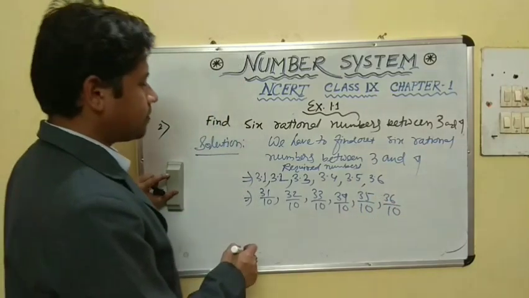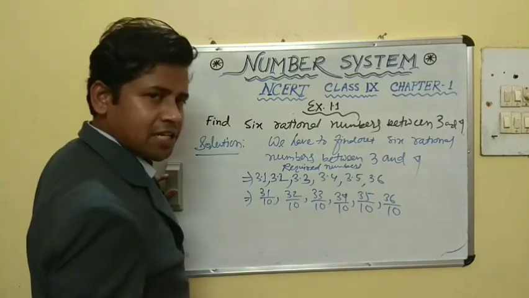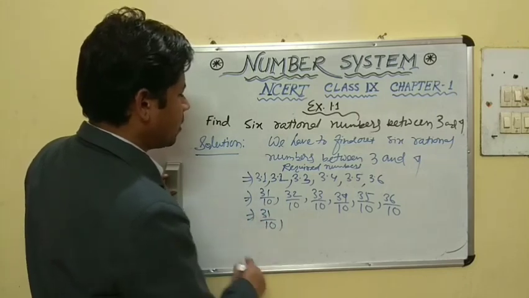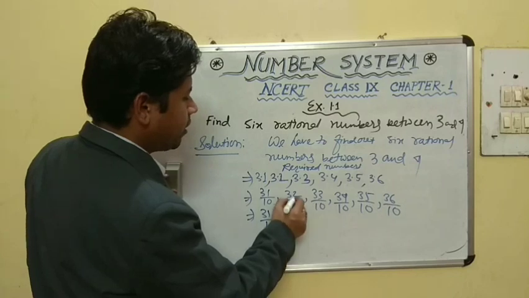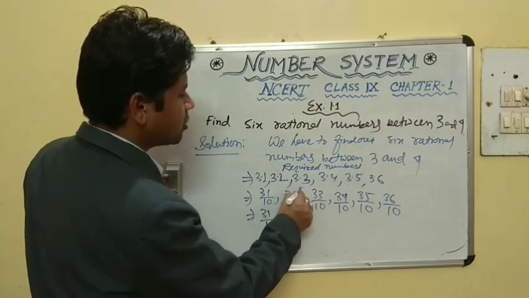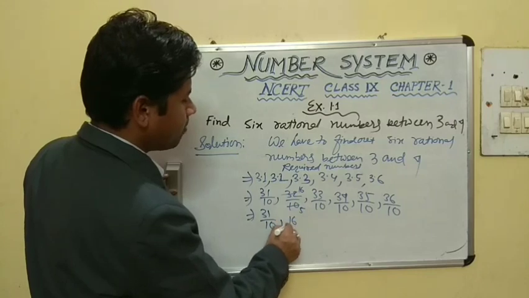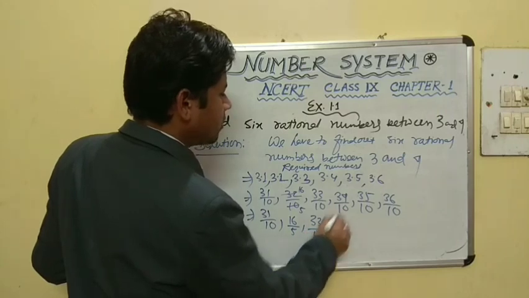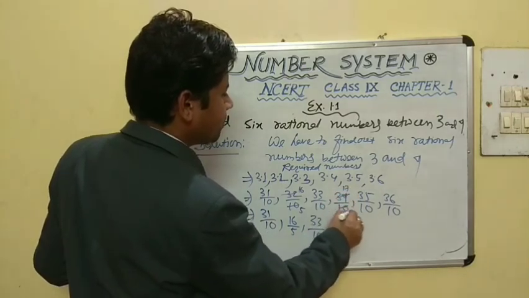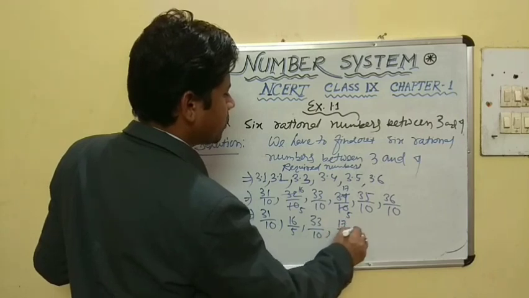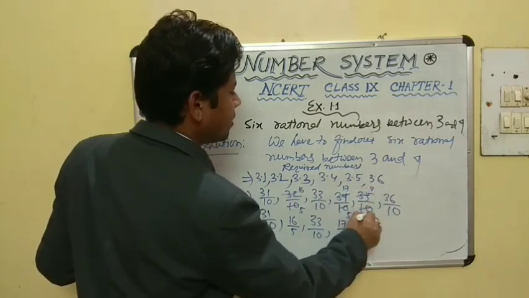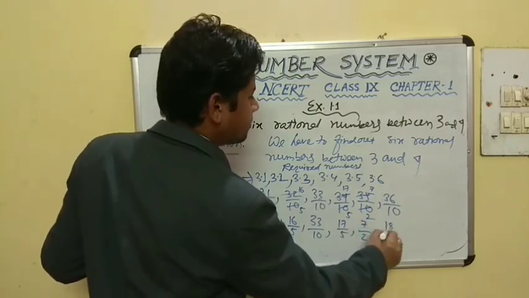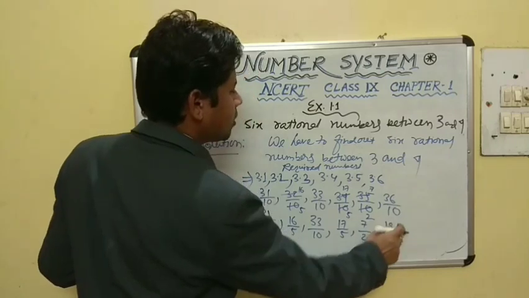But we have to make them in the simplest form. 31 by 10 will not reduce, they are co-prime. 32 by 10, if you want to reduce, then 2 16s are, 2 5s are, so 16 upon 5 will be there. 33 upon 10, 34, 2 17s are, 2 5s are, 17 upon 5. 35, 5 7s are, 2 5s are, 7 upon 2. 36, 2 18s are, 2 5s are, 18 upon 5.